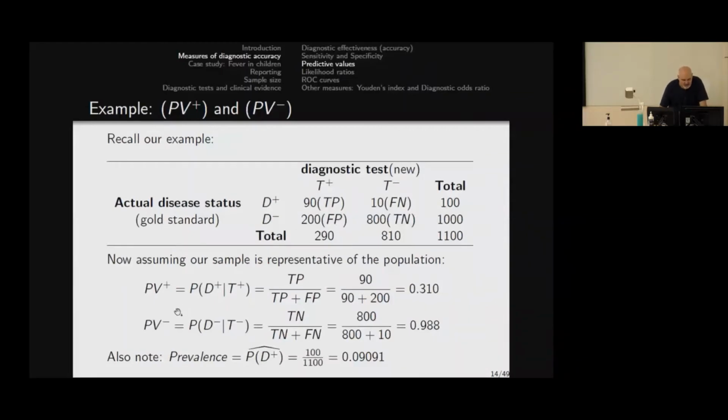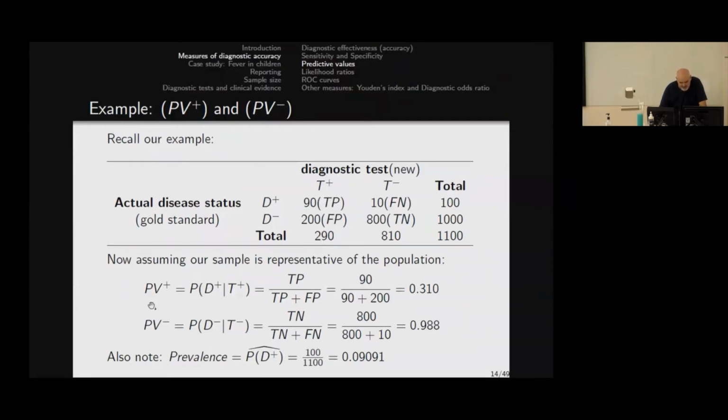Here, our positive predictive value is the number of people who were correctly tested positive, and they really have the disease, over all people who tested positive. So 90 over 290.